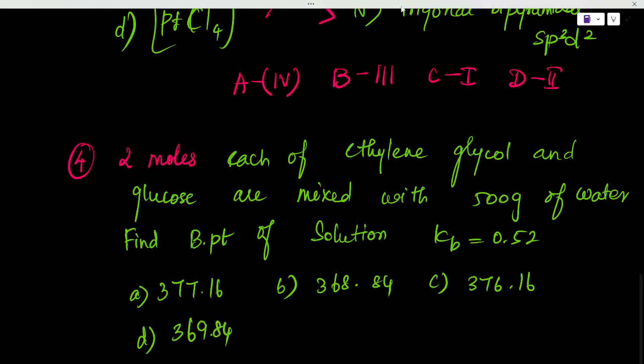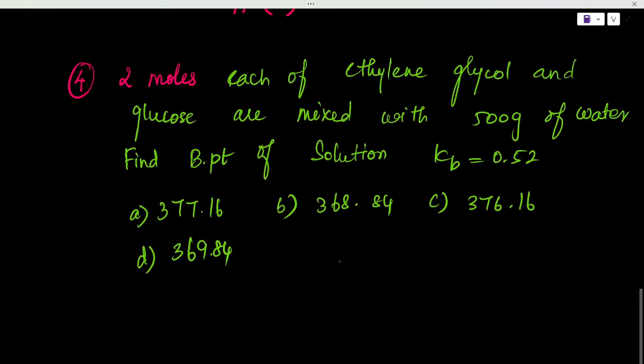Just look at the options, they are close to each other, but this problem solving will not take much time. Can anyone who is watching answer this question? Which answer did you choose in your examination?